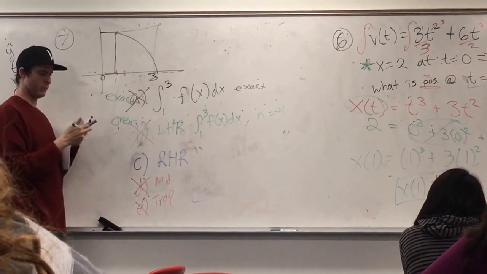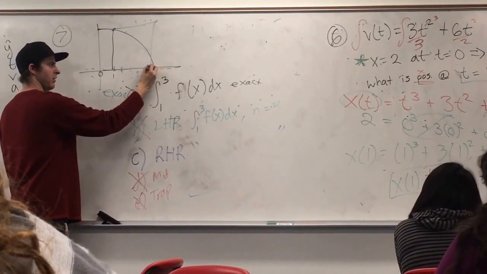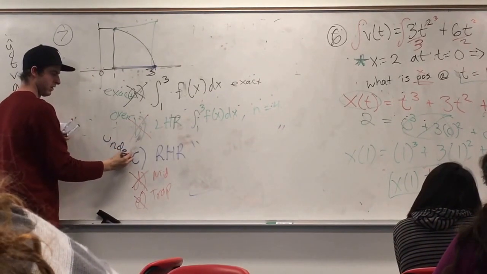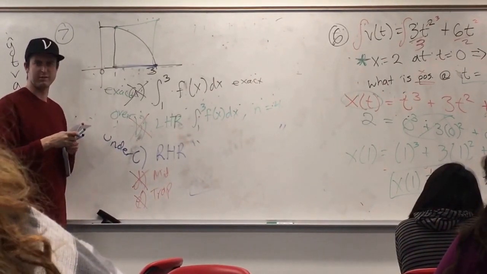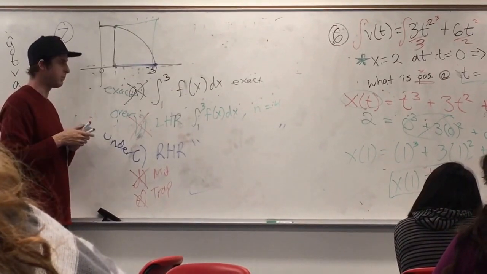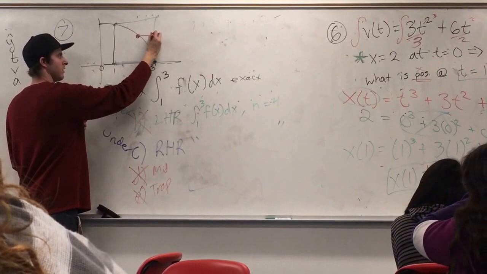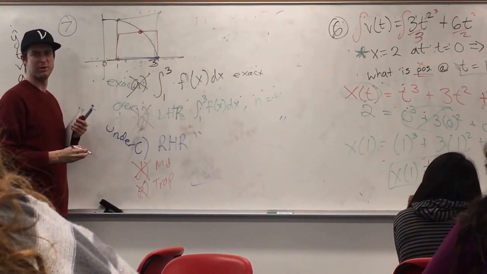Okay, C, if we think about one big rectangle, it's going to be from down here. That's under. And then D and E, midpoint and trapezoid, on this kind of question, it's never going to be the answer. Midpoint would be here. Can we really tell if that's over or under very well?